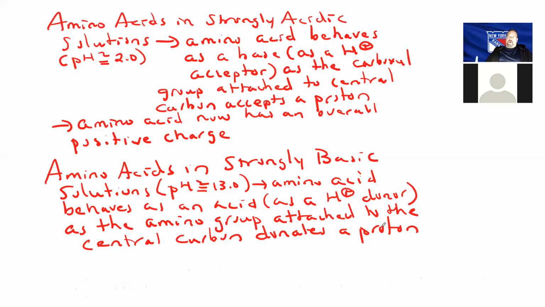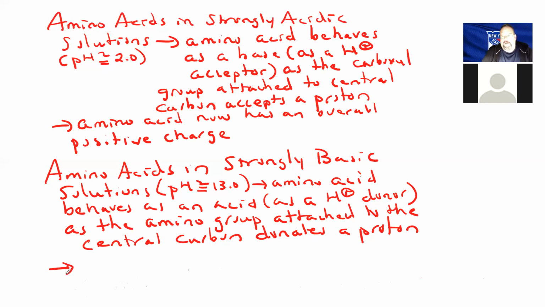Donating a proton to what? Well, if you think about it, if you're in a strongly basic solution, there is probably a significant amount of OH minus that's present. So essentially, the amino group attached to the central carbon has the ability to donate a proton to the base, where the base essentially has the ability to take off a hydrogen from the amino group, the NH3, bringing it back to NH2, which we'll talk about in a moment.